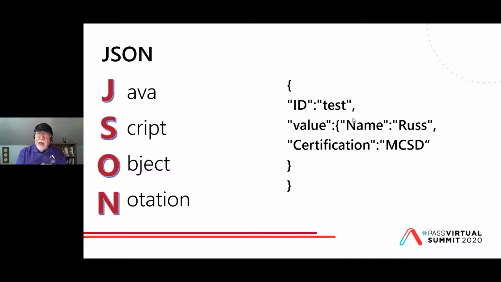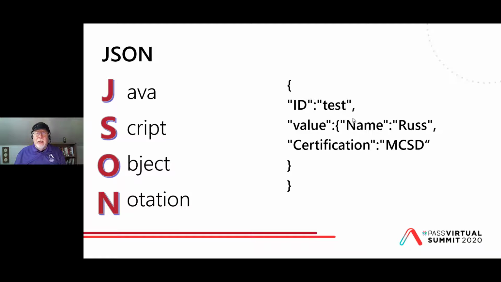It also has a value, which is also a complex object. That complex object has a name property, Russ, and a certification property, MCSD. So you can see the structure, and JavaScript will read this very nicely.